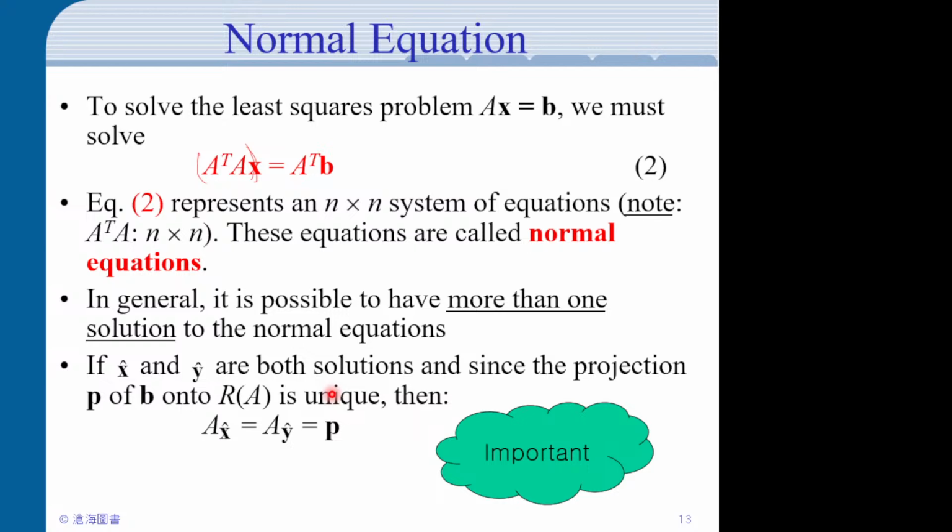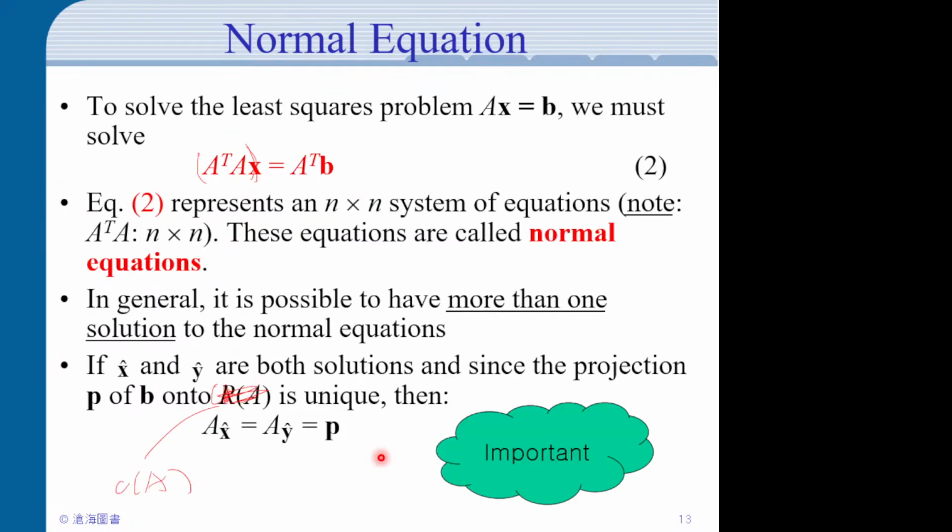Here we have the difference of R^n and C of A. So if this is singular, then you have more than one solution to your least square problem. But we say the p is unique, and that means that A x hat and A y hat are both equal to p, and that's just what happens.